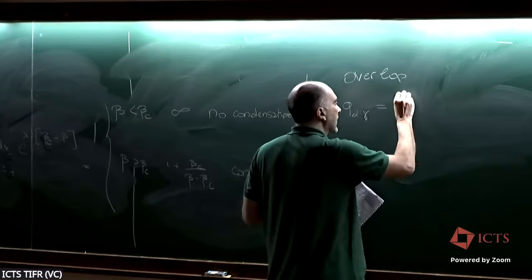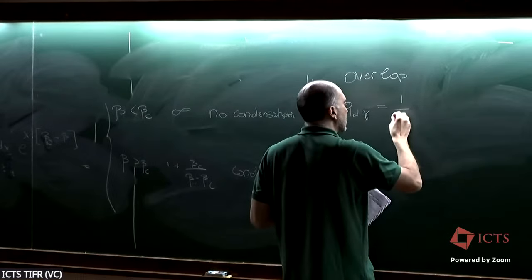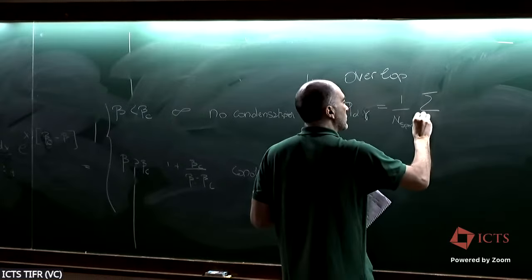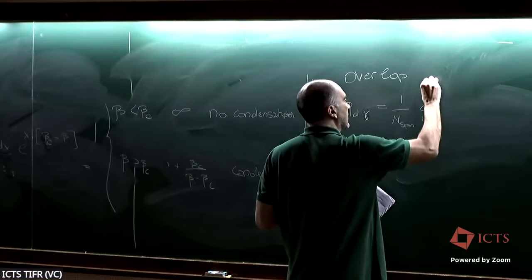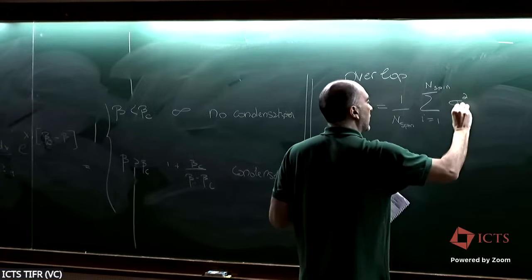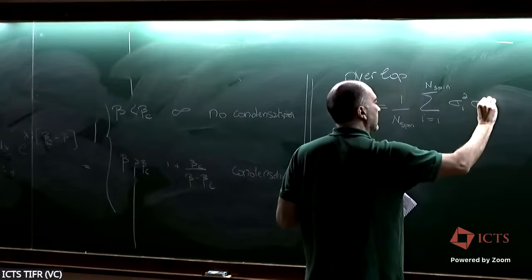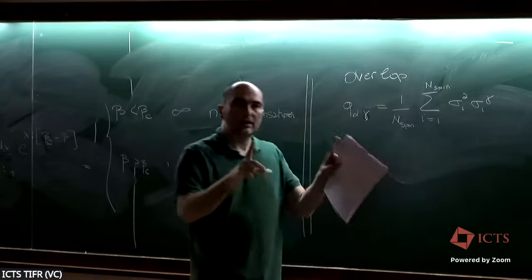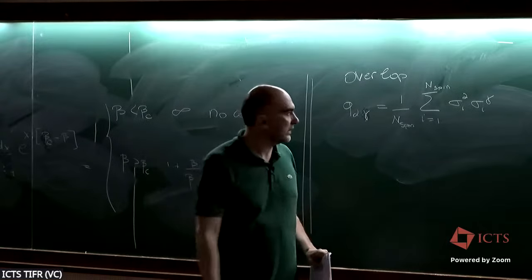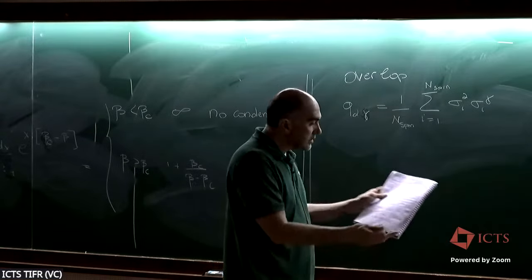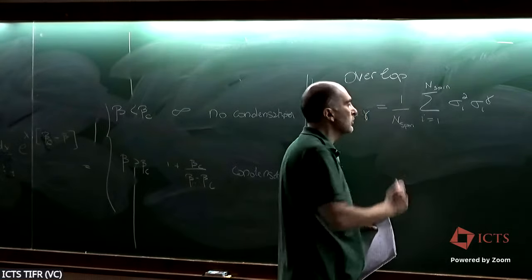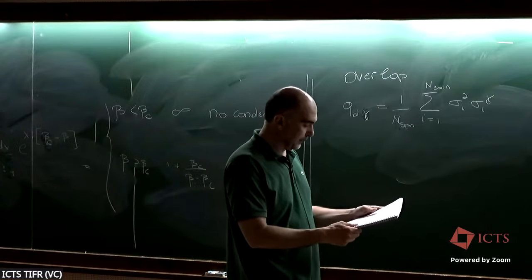And now, this is the number of spins, so you have i from 1 to the number of spins, and the sum of sigma_i^alpha sigma_i^gamma. So you look at the spins to see if they have the same sign or not, okay? And so this tells you if the 2 configurations are similar or not, and it is normalized to this value.